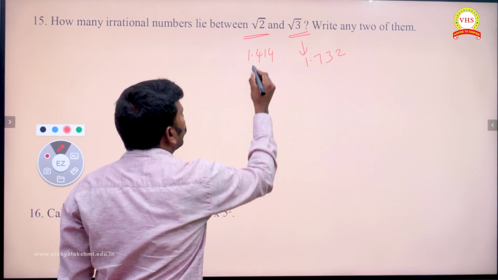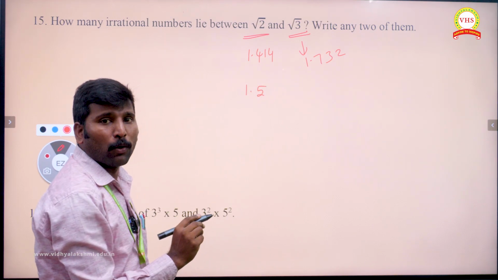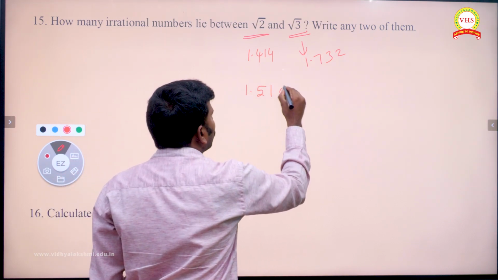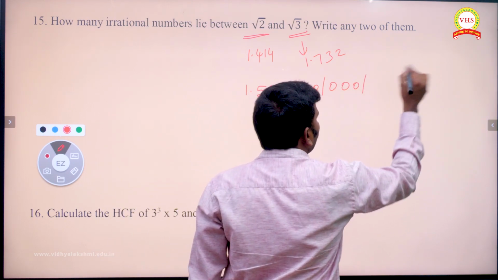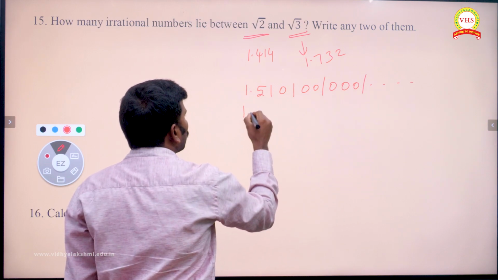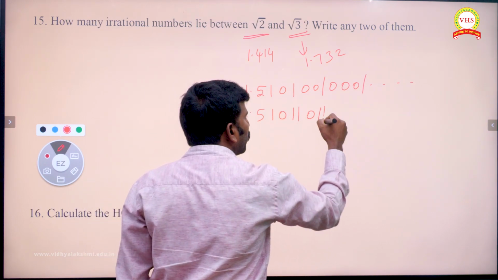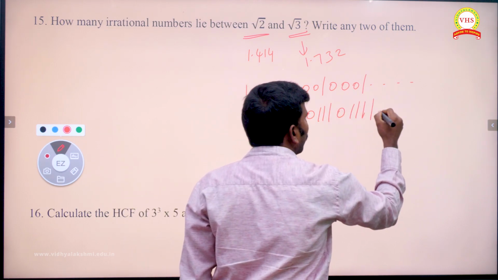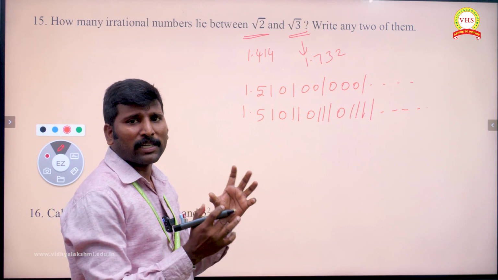So more than root 2, here 1.4 is there, you take 1.5. Okay, and 1.51001001 like that you can go. Or else 1.5101101110, with 4 times 1, like that. So many ways are there to write the standard form of irrational.